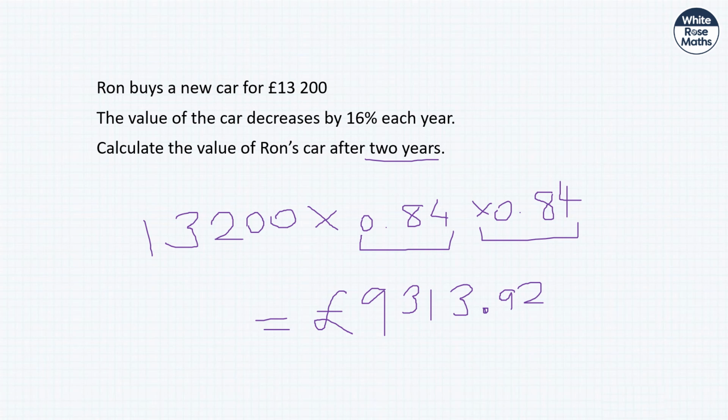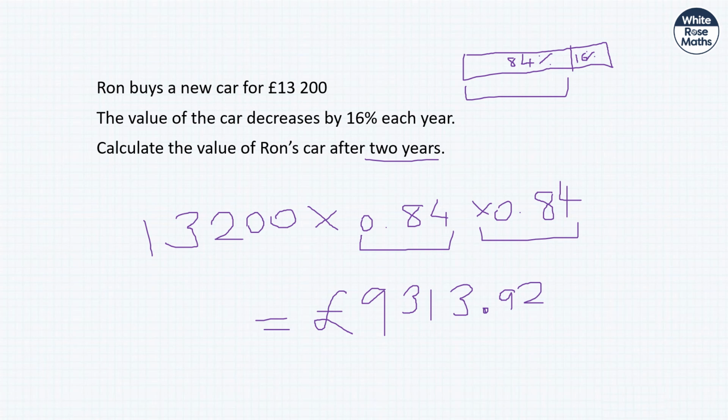If you're not sure where the 0.84 comes from, I took off 16%, so the remainder is the value of it. So the remainder will be 84%.